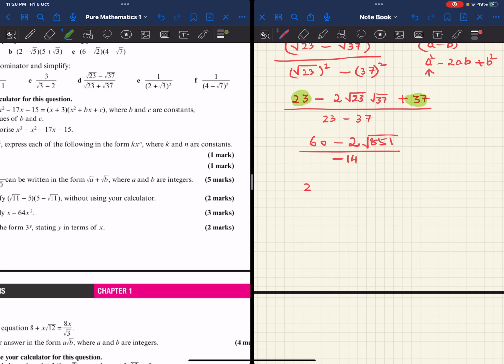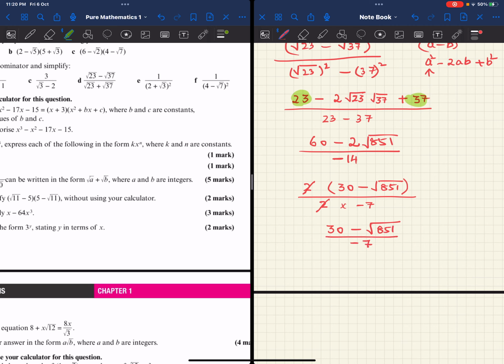So 2 into 30 minus root of 851 all divided by 2 into negative 7. Cancel out the 2 and the 2. So you are left with 30 minus root of 851 divided by minus 7.